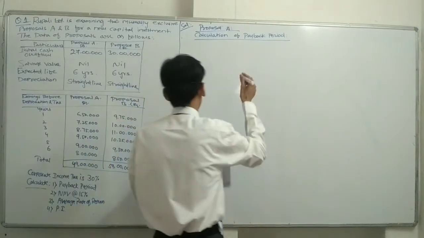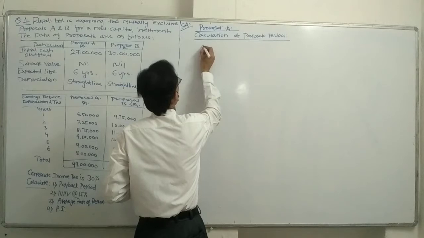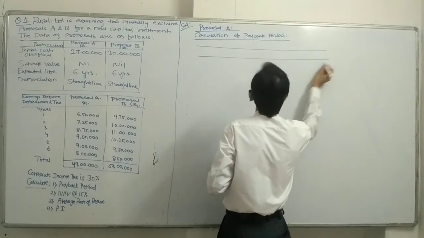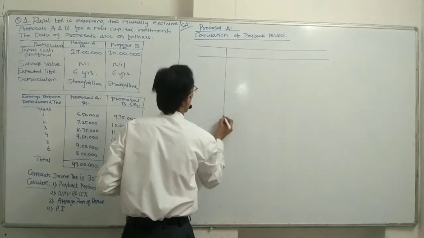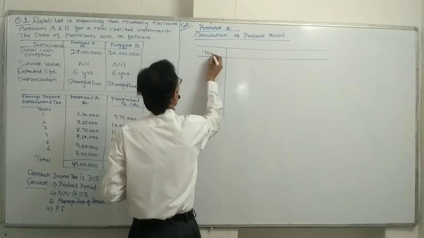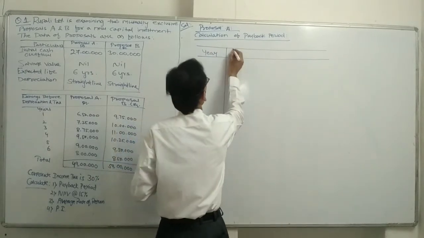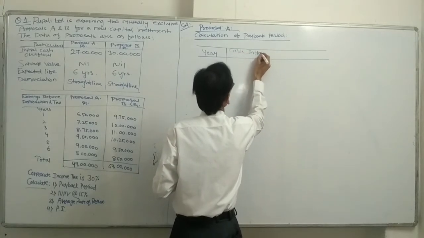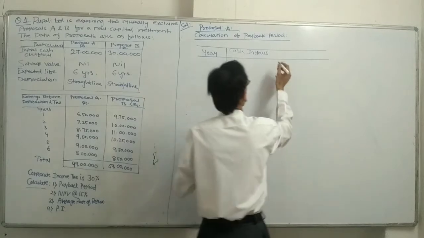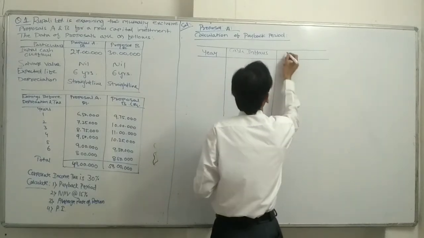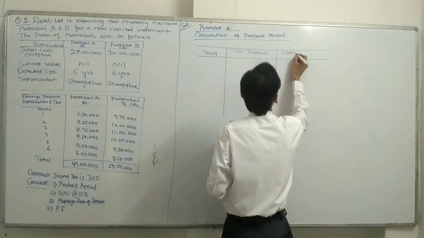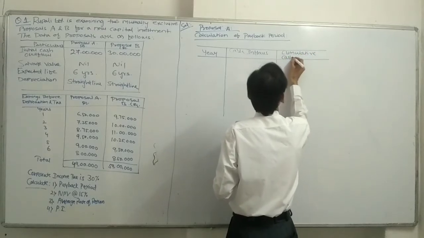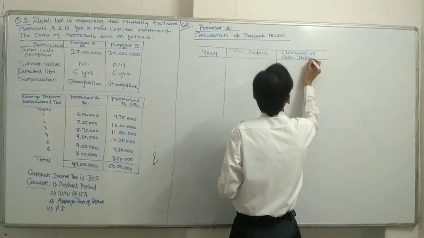So we'll prepare a small 3-column statement, that is year, next cash inflows, and next is cumulative cash inflows.